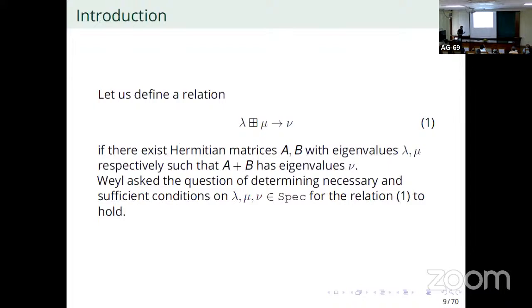So we'll be interested in the random matrix angle here mostly. Not only do these hives tell you something about when you have a matrix whose spectrum is the sum of two matrices of given spectra with a given spectrum, it also tells you something when you have a natural measure on these matrices.